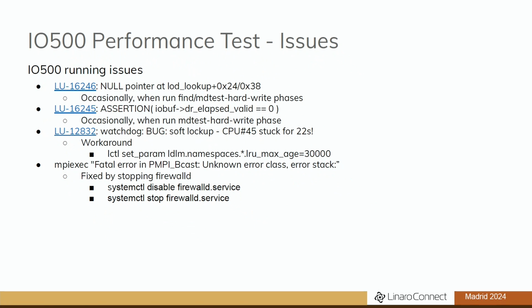This is a known issue upstream. We can work around it by enlarging the LRU latency. And this is a Lustre issue caused by the firewall. We can fix it by stopping the firewall.